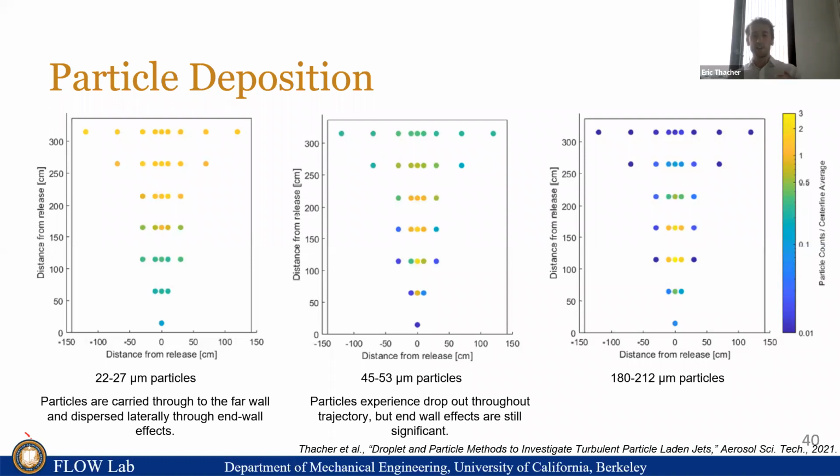The middle particle sizes experience dropout throughout the trajectory, but they still experience end-wall effects, and the largest particles deposit ballistically before they reach the end wall. It really goes to show that the particle size, and how the particle-air mixture carries these particles and drops them out gradually, is really important and really difficult to measure.